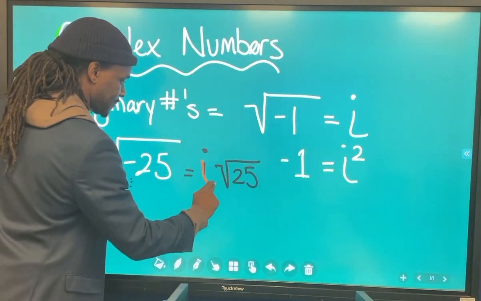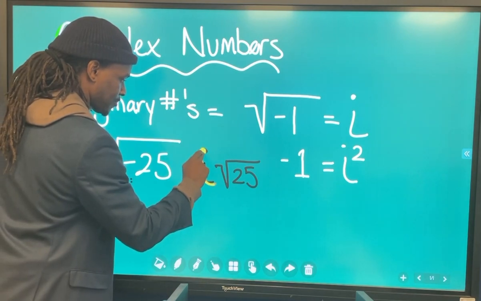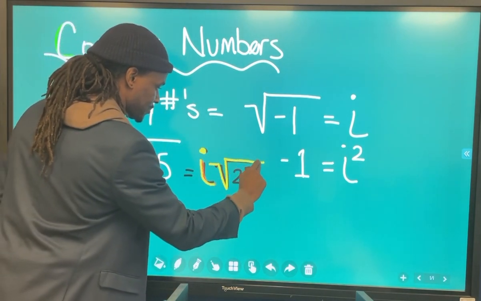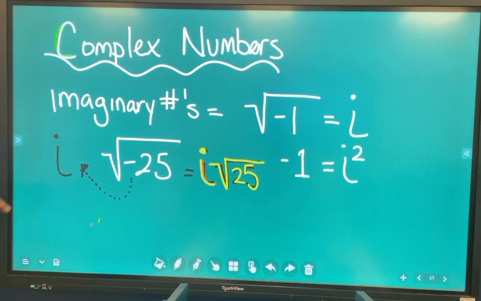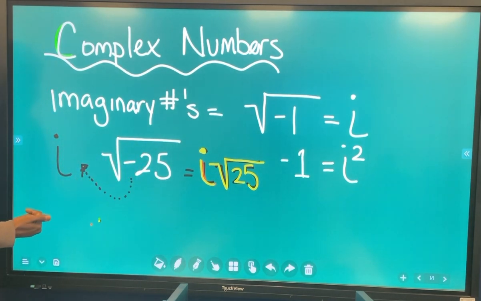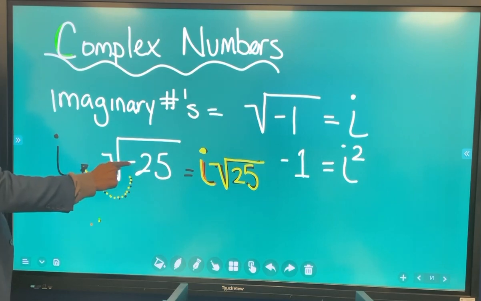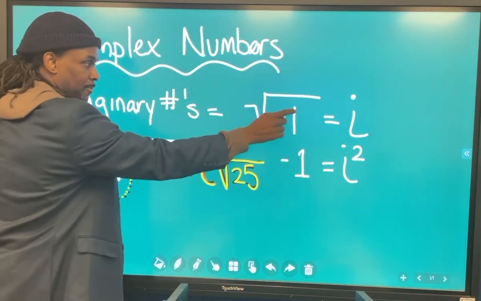This is where we are. We started here with the square root of -25. You know that you can't do that. So you notice you see the negative, and you immediately take out that negative, which we know makes what? i.